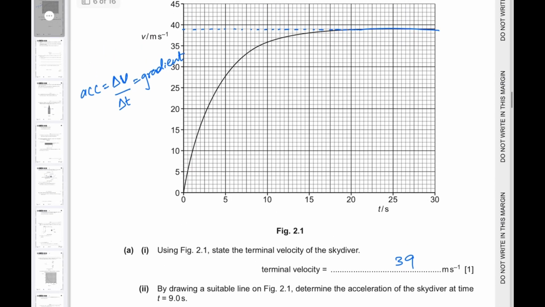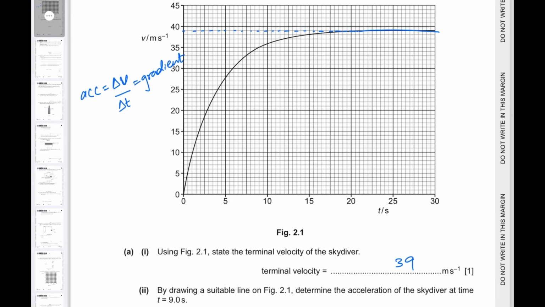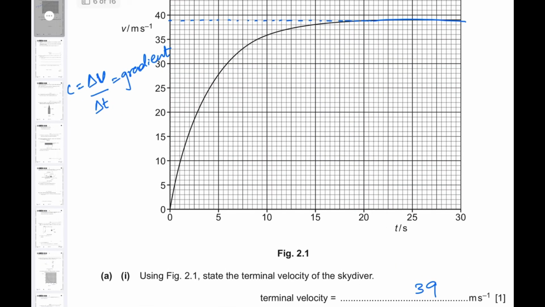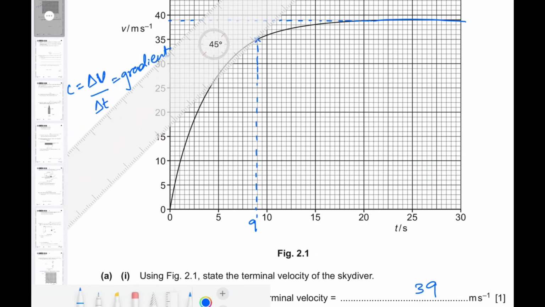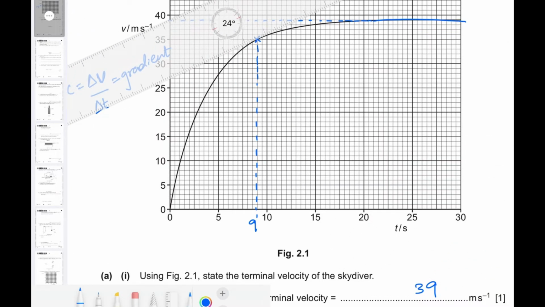Part 2. By drawing a suitable line on figure 2.1, determine the acceleration of the skydiver at time 9. So at this time of 9 seconds, the graph is a curved region, which means to find the gradient or the acceleration at this point, you will need to draw a tangent. This tangent should only touch the coordinate at which the value of x, or time, is 9 seconds.